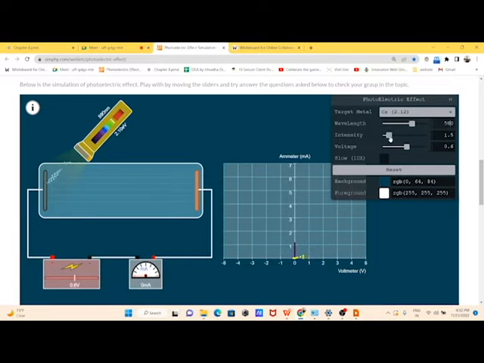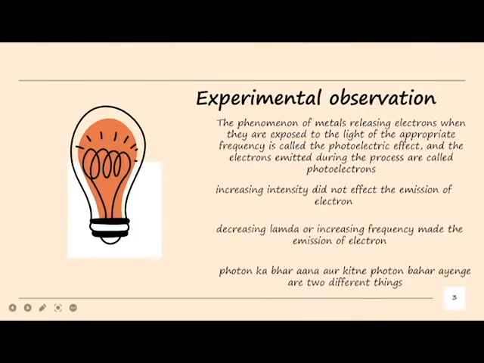So for 580 we are getting the electrons, but for 590 we are not. So for a certain value of decreasing the lambda or increasing the frequency, electron emission occurred. At a certain value of frequency or lambda, we saw that there is an emission of electrons.